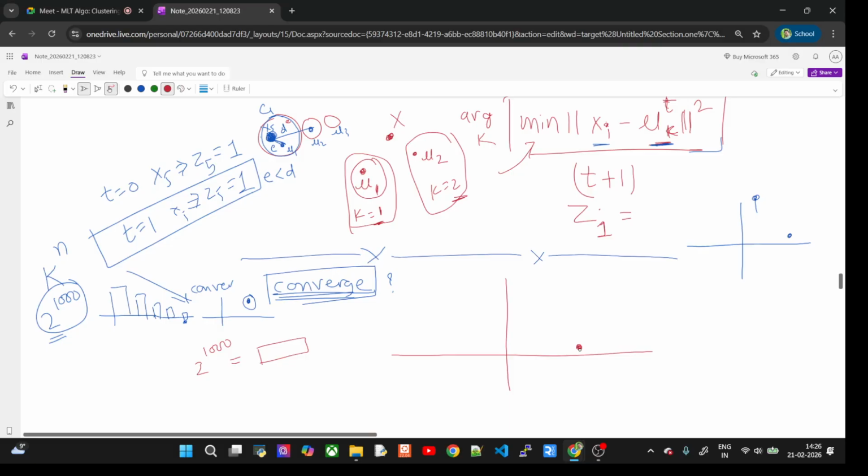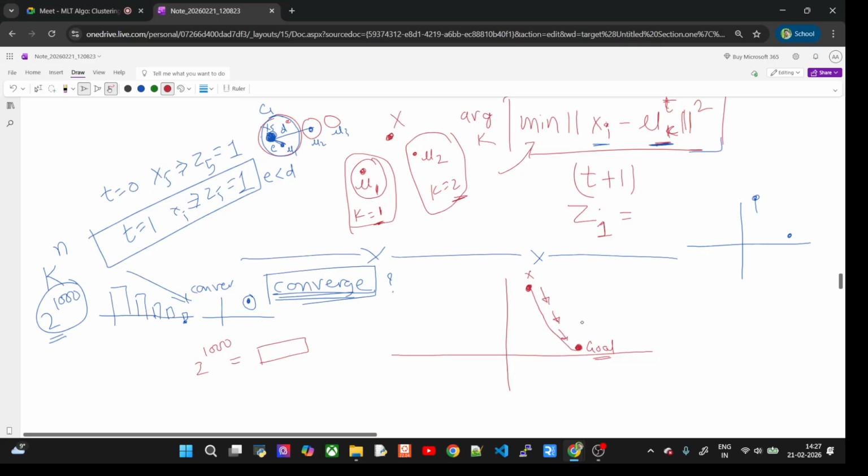Just visualize, your point is here, and you want to come to this point. This is just for your visualization, so it will be easy for you to understand, and this is your goal, meaning you want to converge. This is called convergence. Convergence means you want to come and stay here, and you will feel peace in your mind.